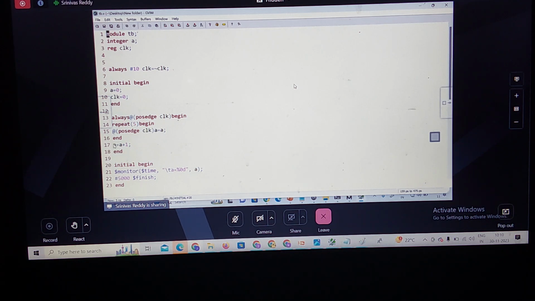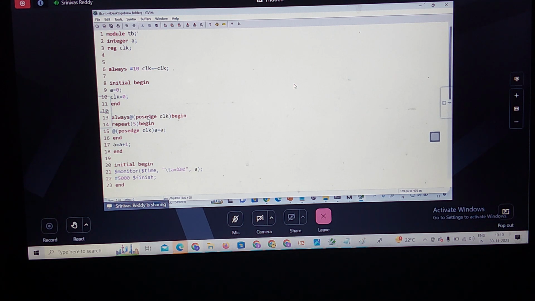Can you see this always block? How does this always block work here? At time t is equal to 0, clock is 0, and then the rising edge will come at what time? The total time period is nothing but t off should be 10 and t on should be 10, so that the rising edge comes at 10. Correct.